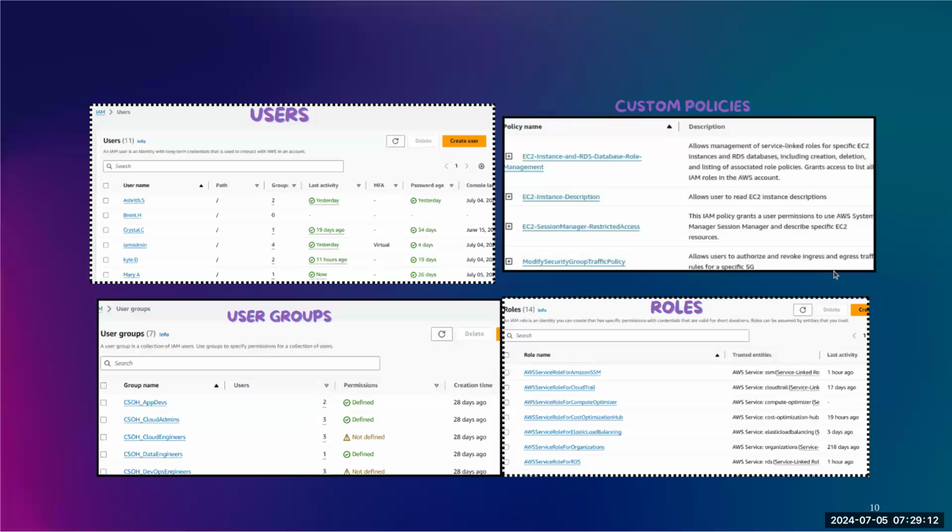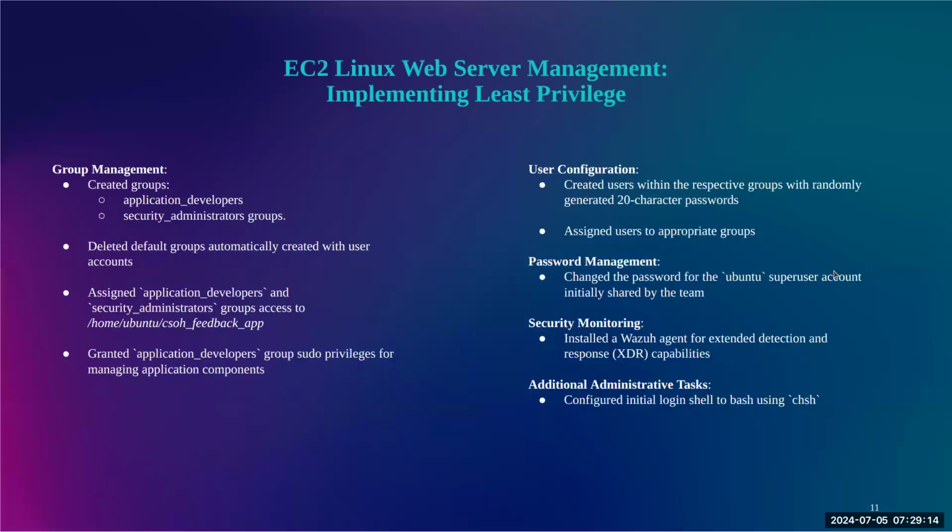Excellent, thank you. So we also implemented least privilege on the different instances within the environment. We're going to briefly touch on the activities that we performed with the EC2 instance. We created groups and relevant users for the accounts that needed access to the actual environment.